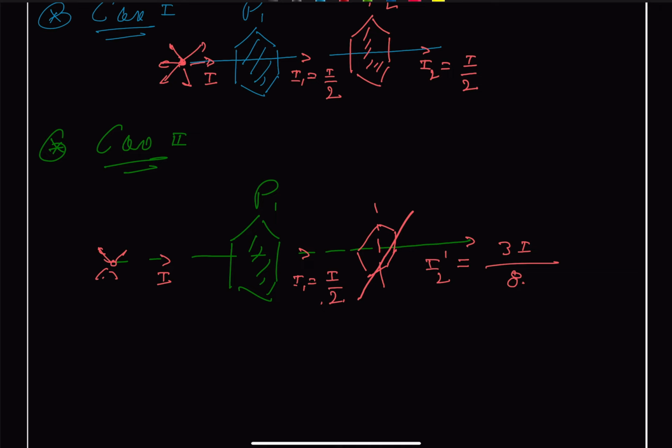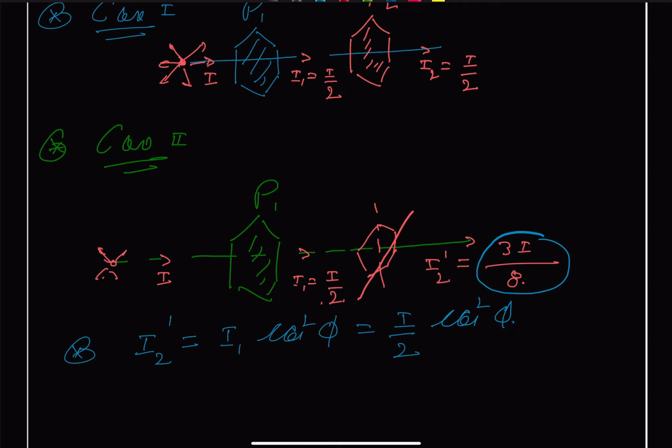So we can use case number 2, and we can say that I2 prime should be equal to I1 cos square of phi, and I1 is equal to I upon 2, so this comes as I upon 2 cos square of phi, and I2 prime is given as 3I by 8.